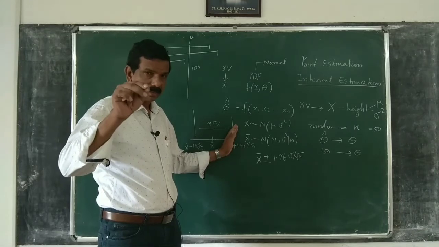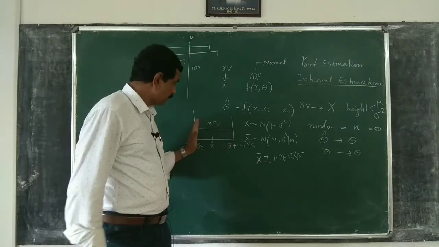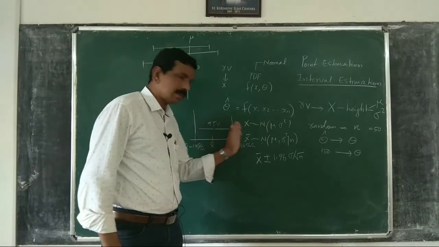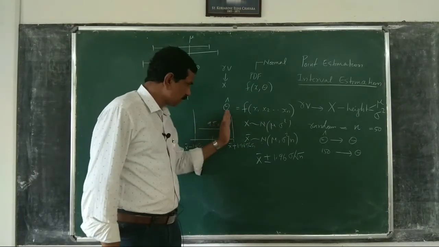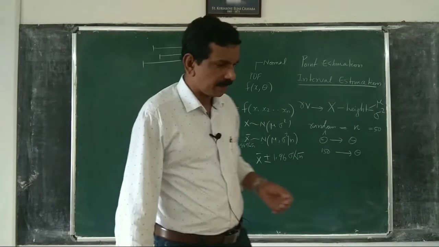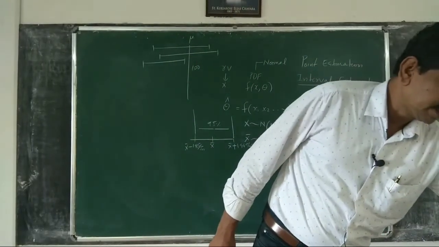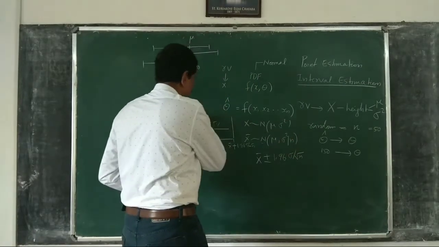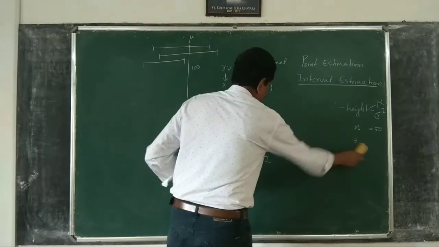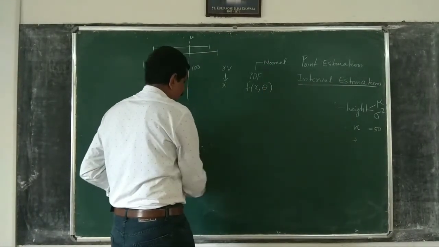In a given sample, the parameter will be in this interval or outside the interval, we do not know. But if we construct such intervals a repeated number of times, the parameter will lie in such intervals 95 out of 100 times.